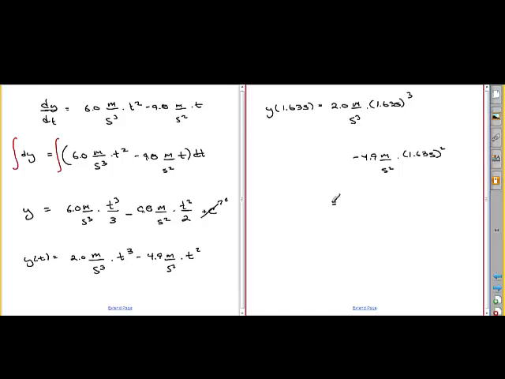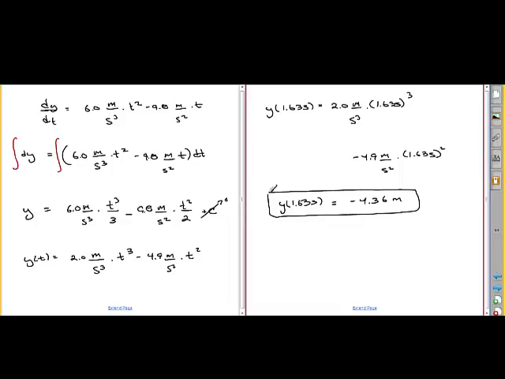And this should be negative because otherwise it's not going down. So we do get a negative number. So the maximum distance that it goes down is negative 4.36 meters. Okay. So that is hopefully part B.